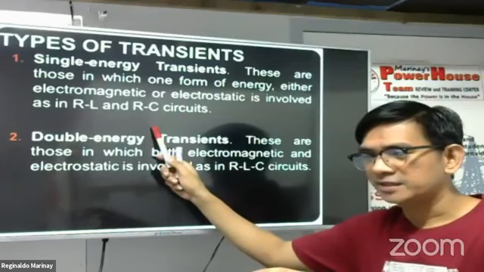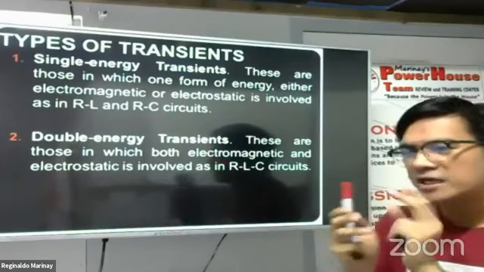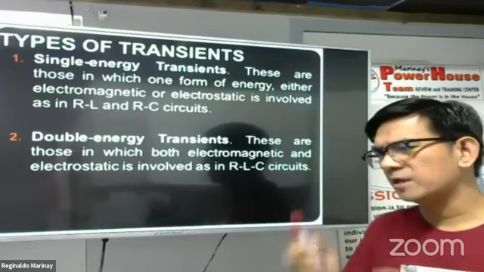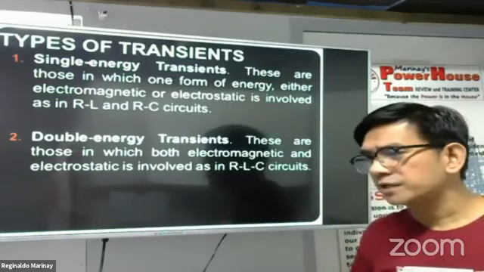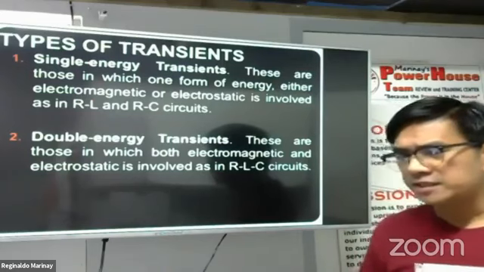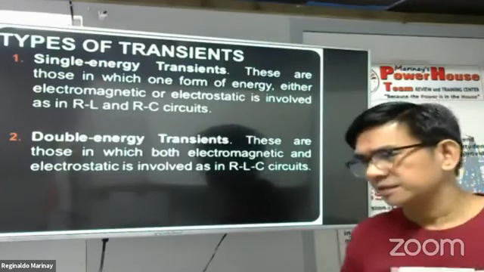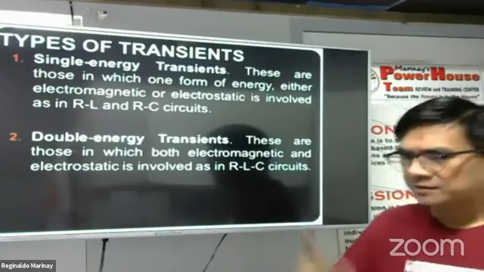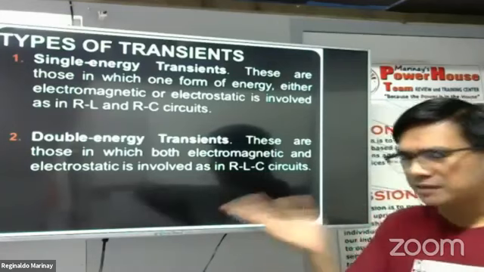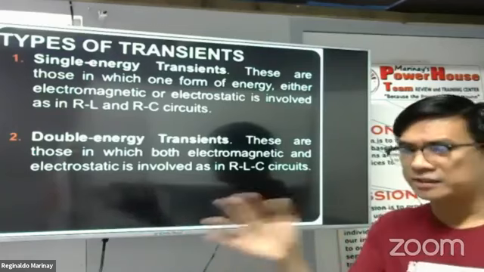Okay? So, yun ang nai-store ni capacitor. Sir, what about resistor? Do resistors store energy? No. The resistor dissipates energy. There is a power dissipation. It utilizes the energy, whereas a capacitor or inductor may store energy.